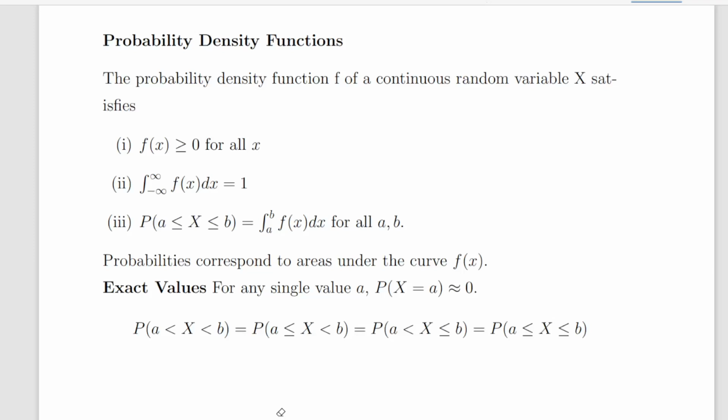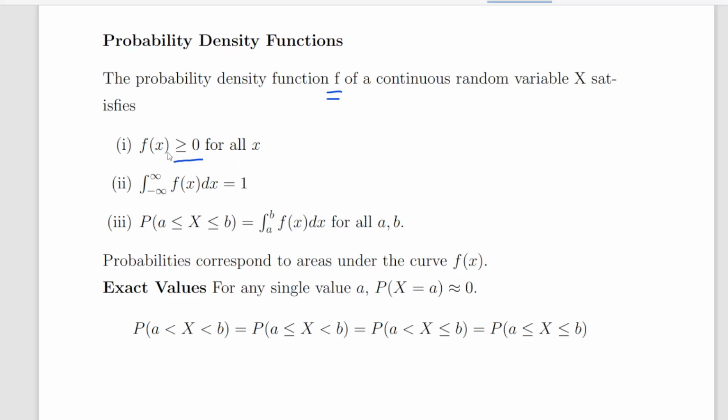So here we have some of the properties of the probability density function small f of the continuous random variable X. Okay, so f of x is greater than or equal to 0 for all values of x. Now, for regions of interest, usually it's the positive values, but it can't be negative, okay?